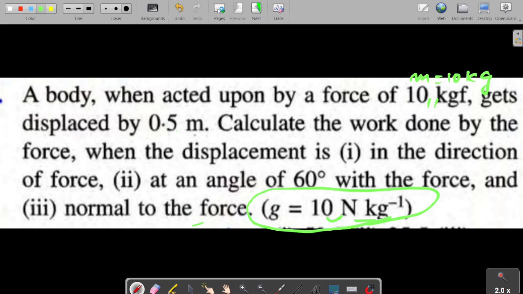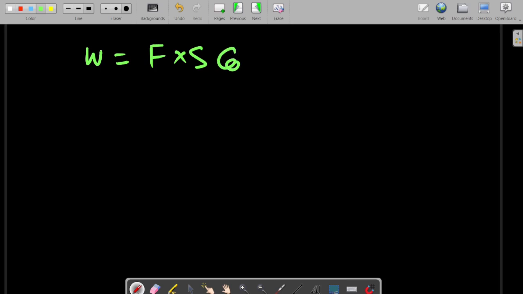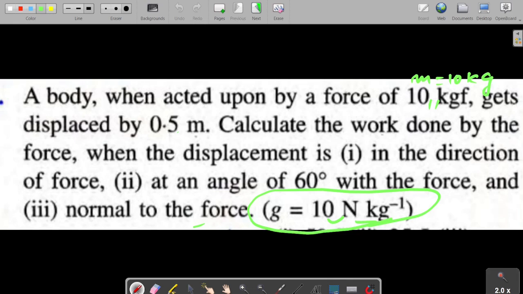So here the expression for work is W is equal to F into S cos theta. In the first part, you have to calculate the work done by the force when the displacement is in the direction of force.